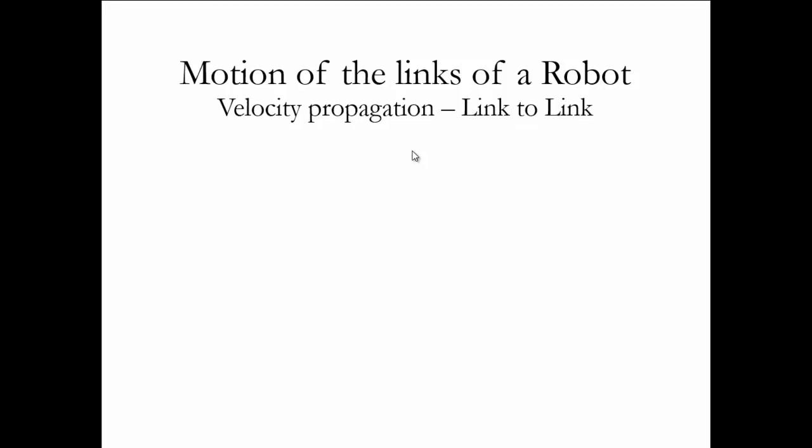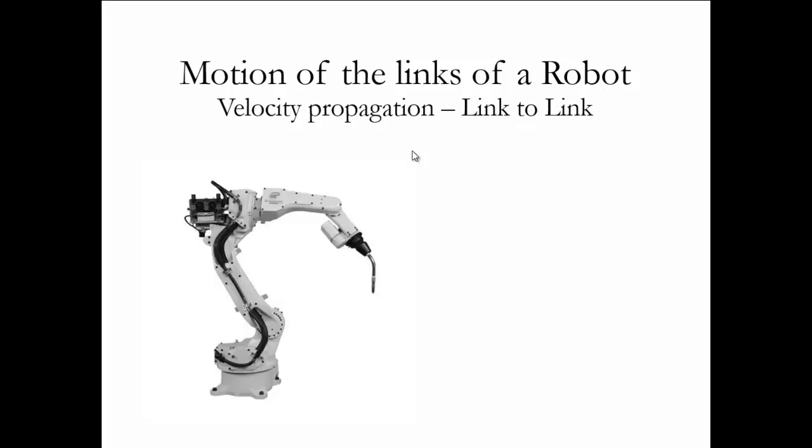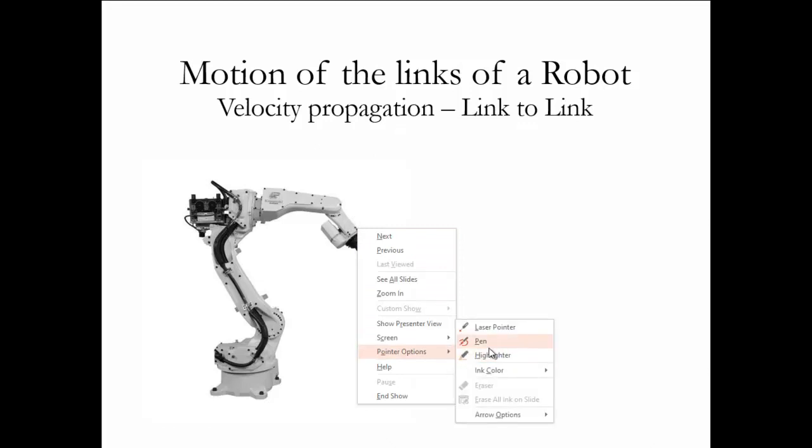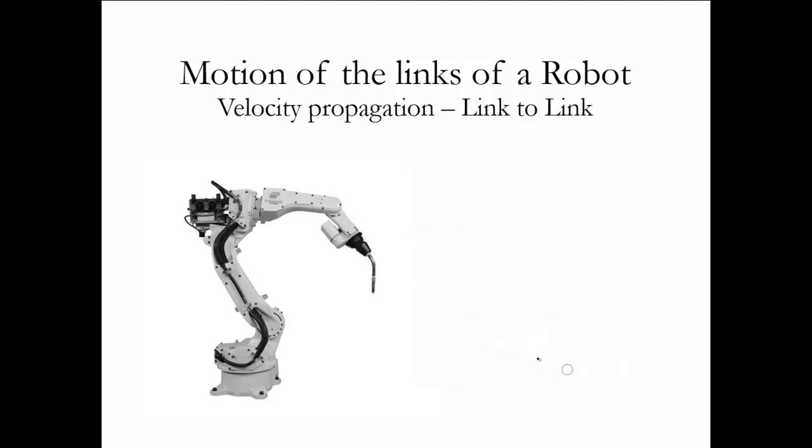But now, in robotics, if you see on the screen, it's a typical industrial robot. Let's say it's a 6 degrees of freedom robot. It has six moving links. Suppose this is the base, which is attached to the ground via these bolts, and this is, for example, link number 1, and this is link number 2.